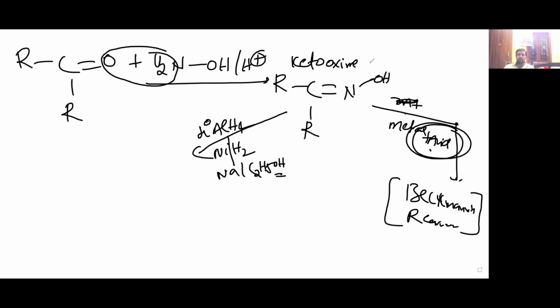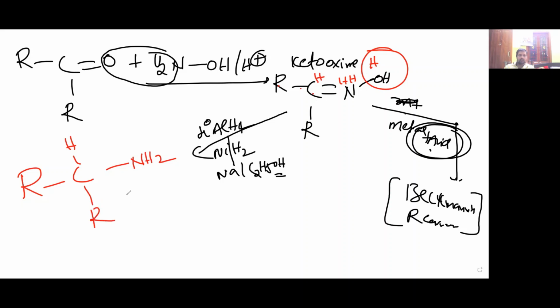After that, what will happen? As usual, first hydrogen, second hydrogen, third hydrogen, fourth hydrogen. So water is eliminated. Please remember the double bond becomes a single bond. You write R-CH-NH2. I didn't create anything; the double bond is broken here.